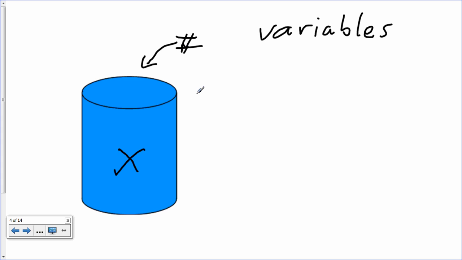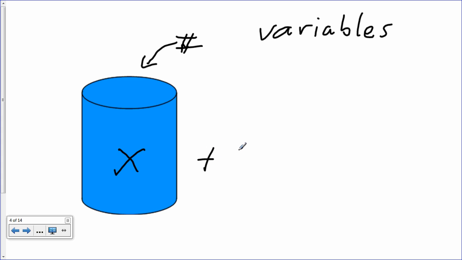Now, the thing is, it can hold only one number at a time, and sometimes we don't know what number it's holding, but it's capable of holding any number. So we take this bucket and we throw a number in.